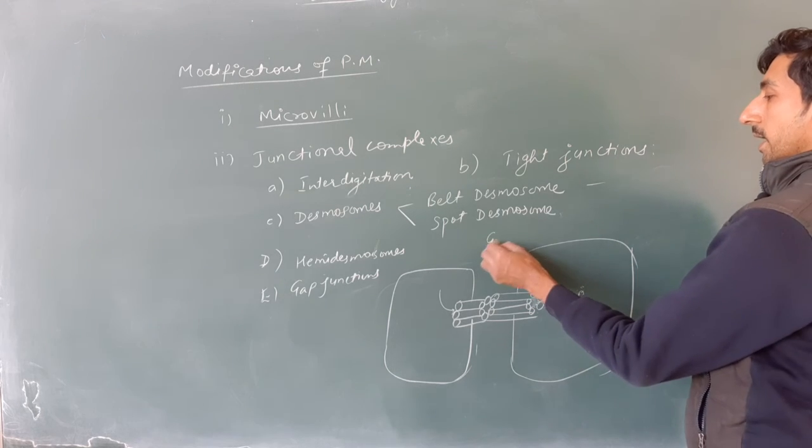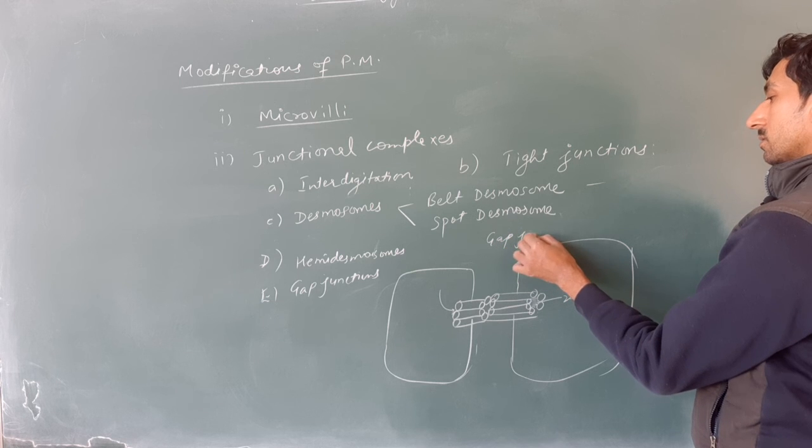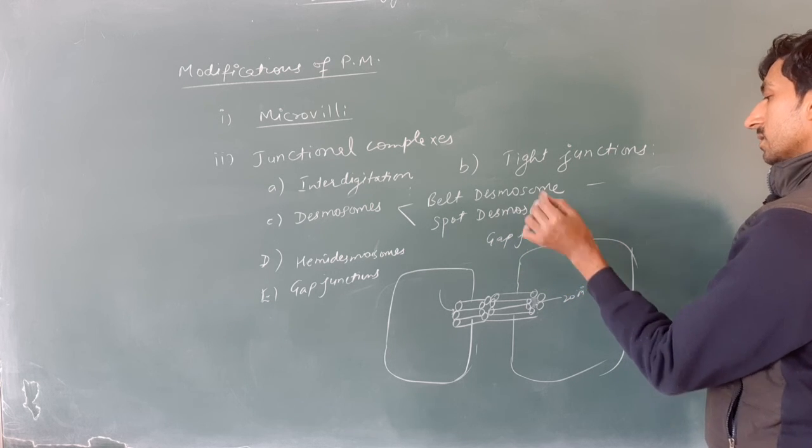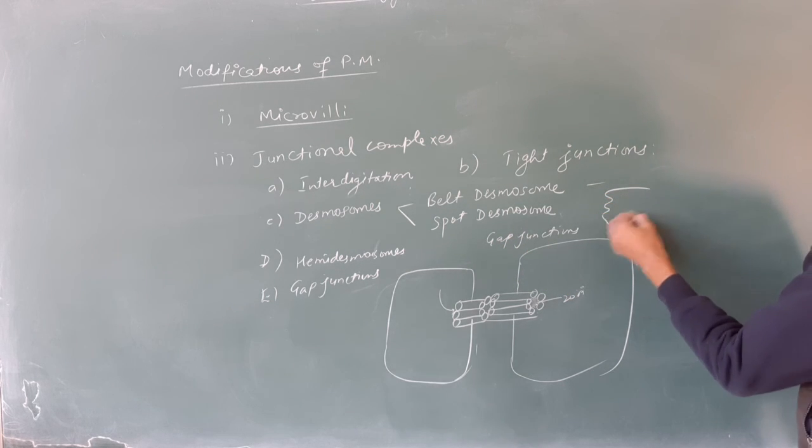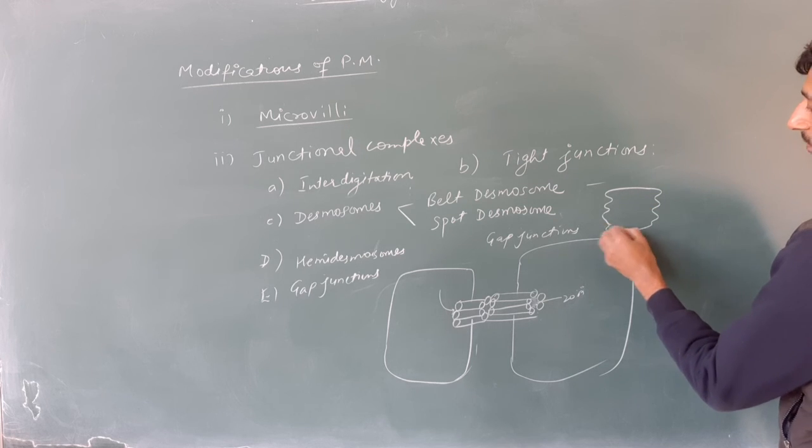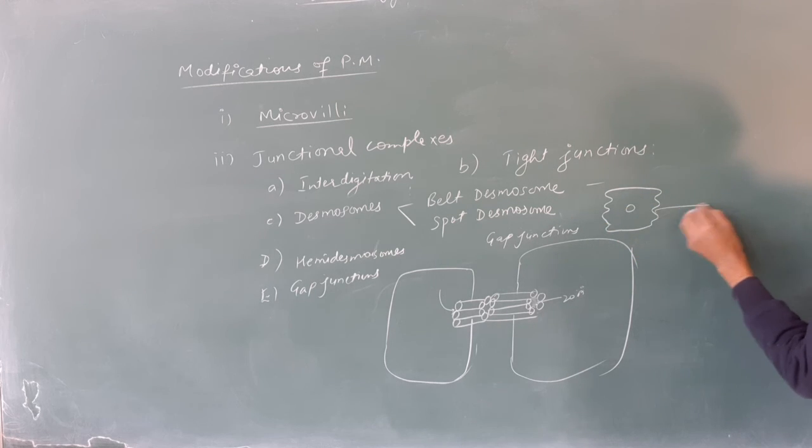This is gap junction. Gap junctions are found in the intercalated discs of cardiac muscles.